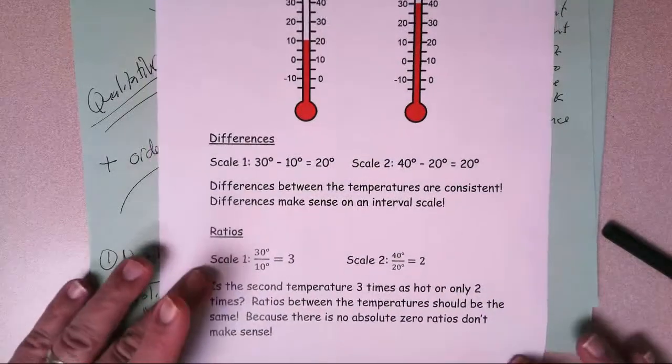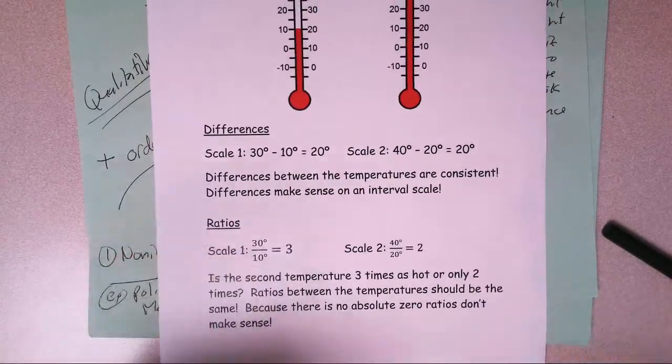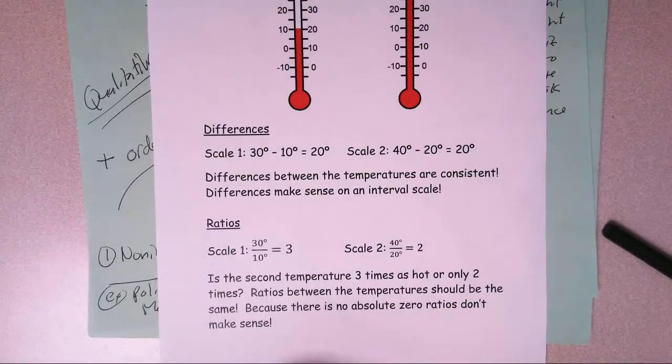That is why, in order for the ratios to be consistent, you need an absolute zero. So you can't use any statistical method that uses ratios to make comparisons unless your variable is on a ratio scale.